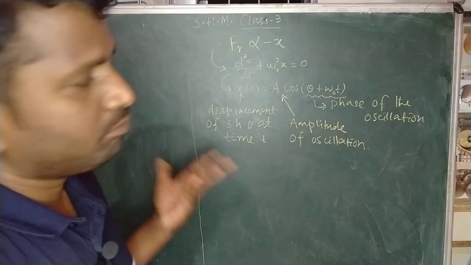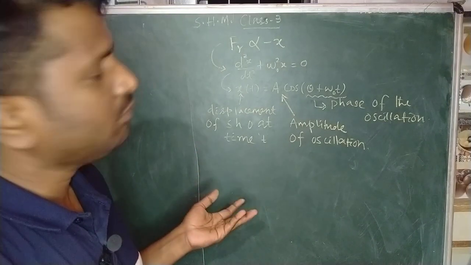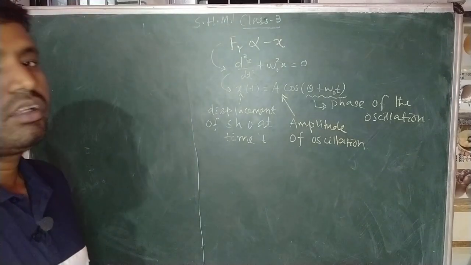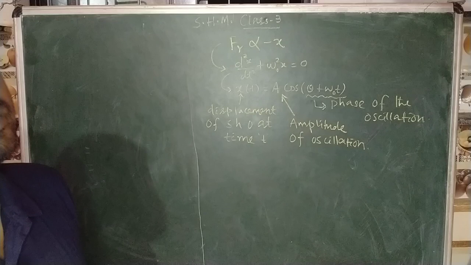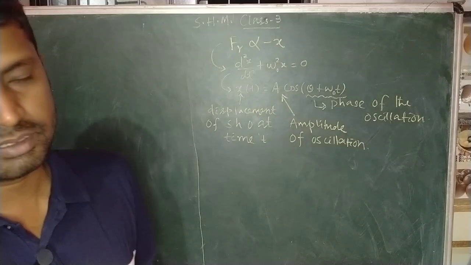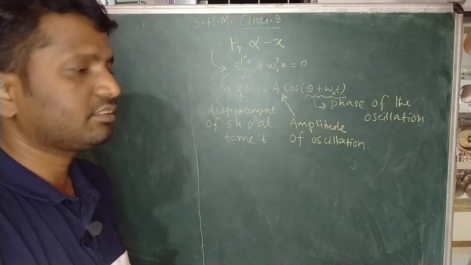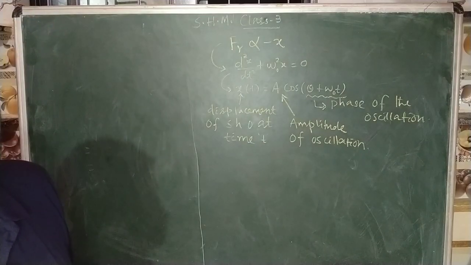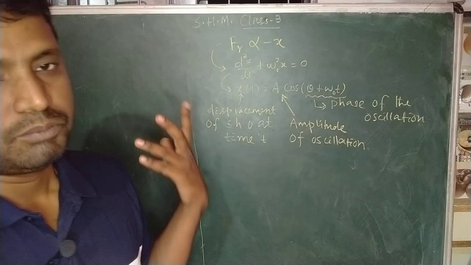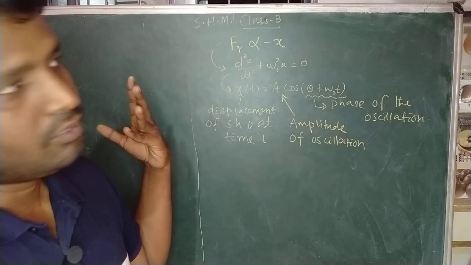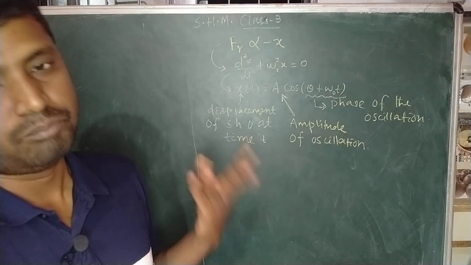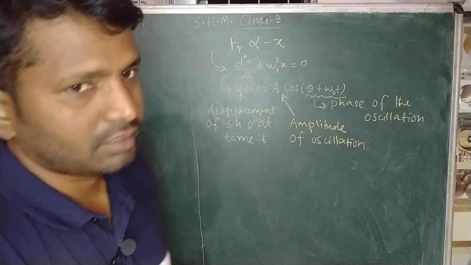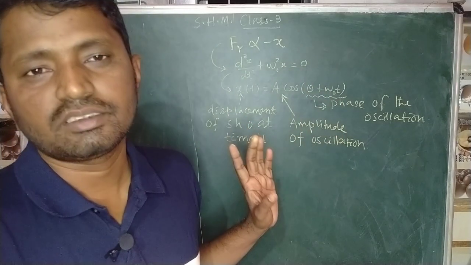Phase is a new word for you. Phase means you can locate the position and direction of motion of the oscillator at any desirable time, at any instant of time. Whatever time you want, you can locate the oscillator's position and direction of motion from here, theta plus omega naught t.